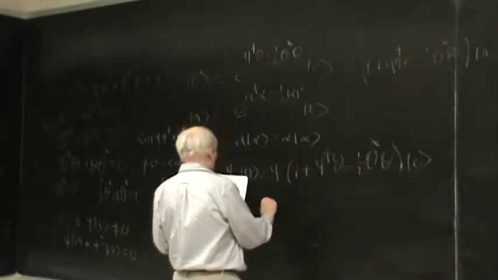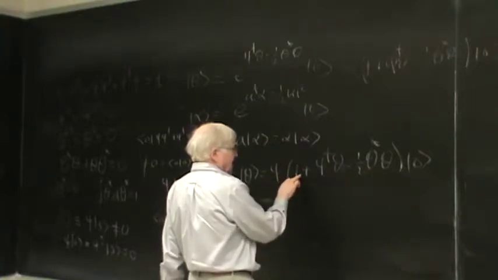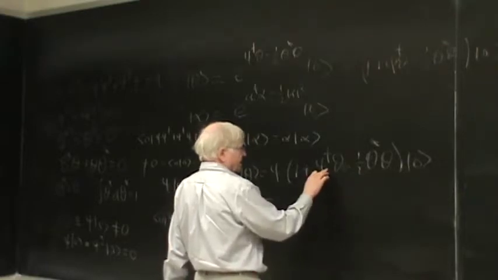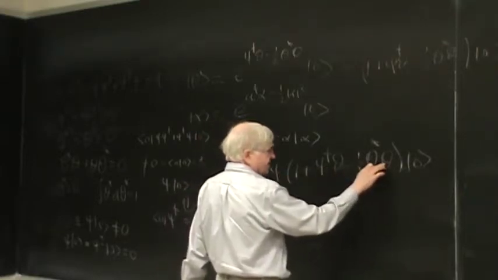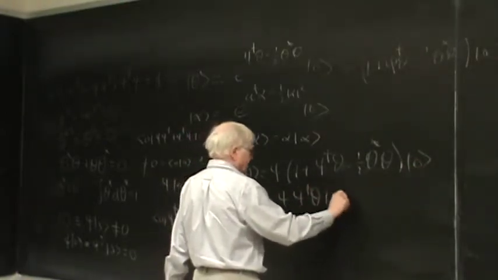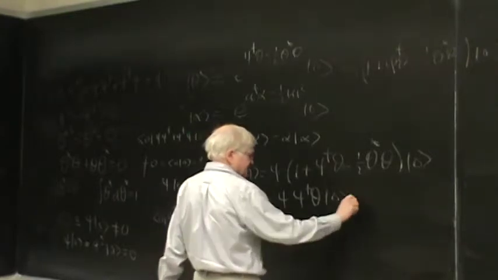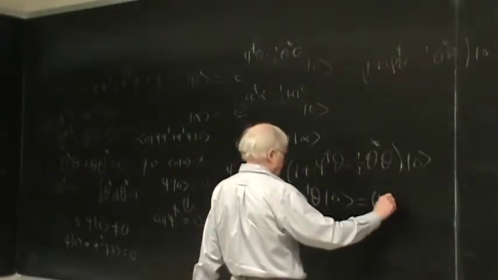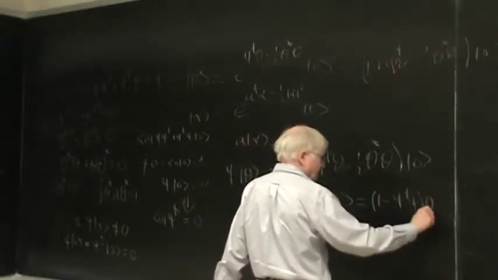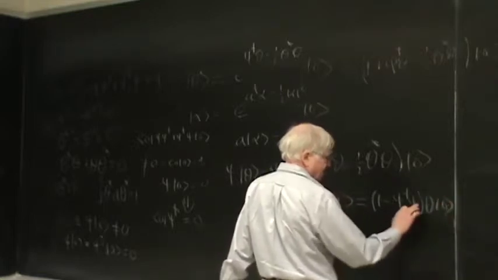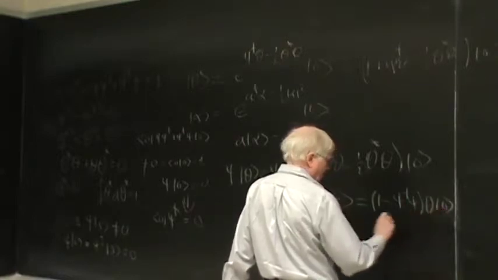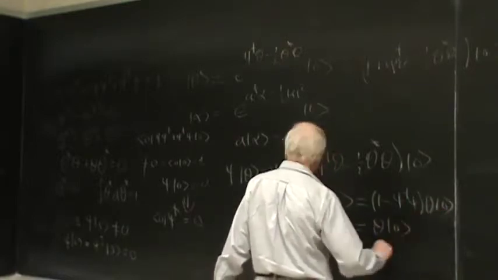And what's that? Well, the psi on 1 hitting that, that's going to be 0. The psi on this term is going to be 0. So this is just psi dagger theta 0. And on the other hand, this thing is 1 minus psi dagger psi theta 0. Psi dagger anti-commutes with theta, annihilates 0, and so this is just theta 0.